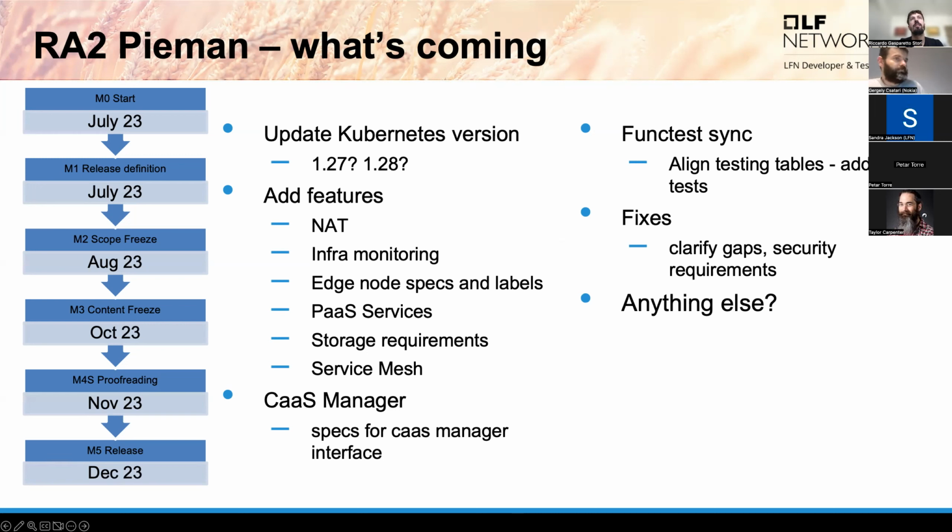Well, inherently with the fact that we're dealing with a Kubernetes specification, we are going to update the Kubernetes release upon which RA2 is based, updating it to either 1.27 or 1.28, depending on requirements, use cases, and life cycle in general.